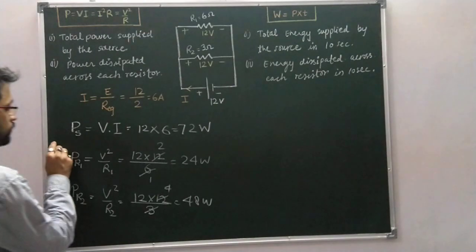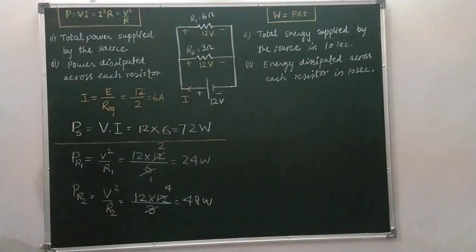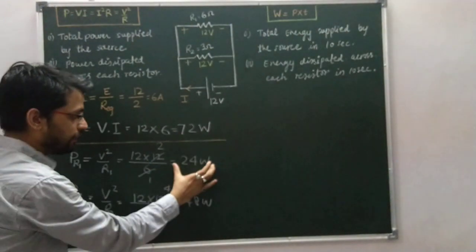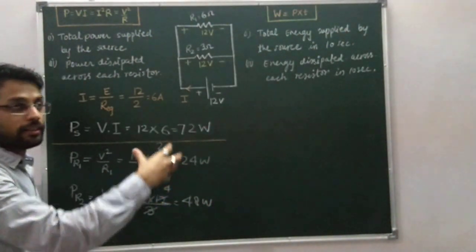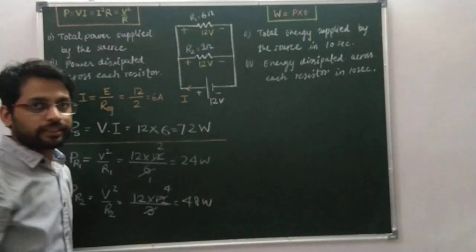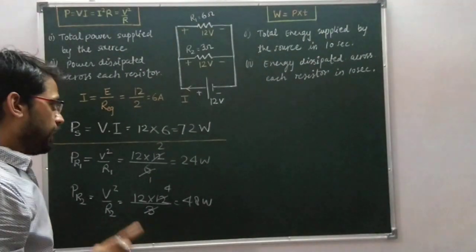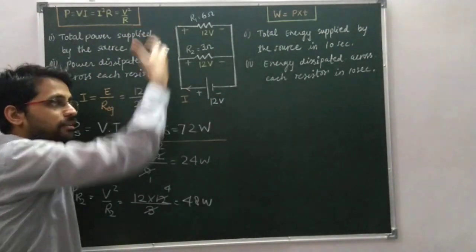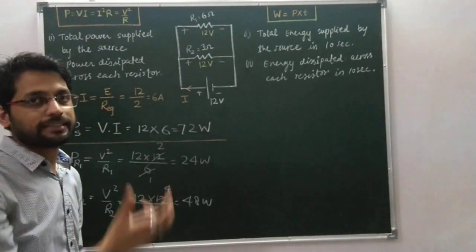Here we have two parts. This is the power supplied by the source, and these are the powers delivered across each element. And according to energy conservation, the total power supplied must be equal to the total power dissipated.